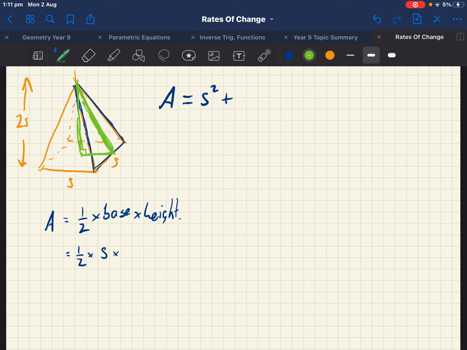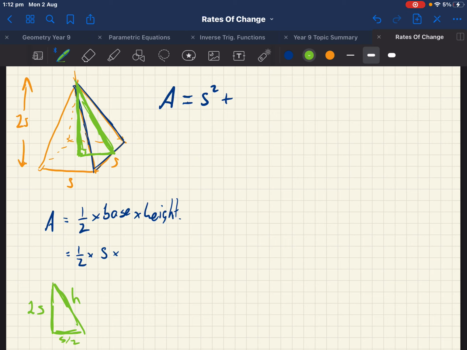And the way we're going to find that is by, obviously, our good old friend, seems to be in every single topic we've done. No one thought in year 8 it was this important, not even me. It's Pythagoras' theorem. The guy is the winner of everything. So the height of our triangle is technically that there. This is 2S, and this side here, from the center across, is technically S on 2.